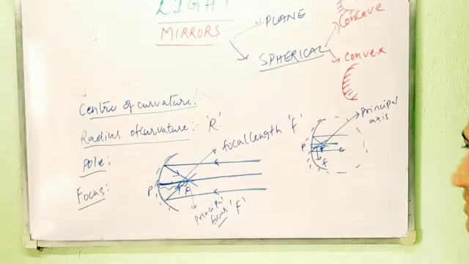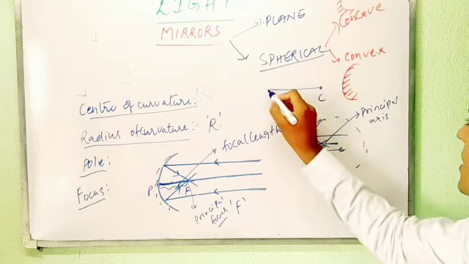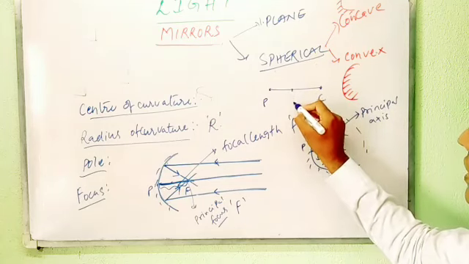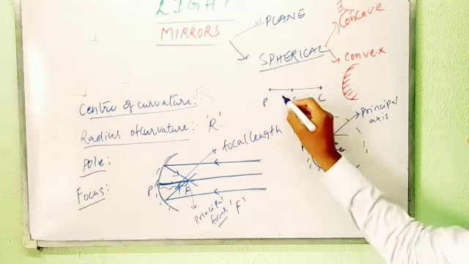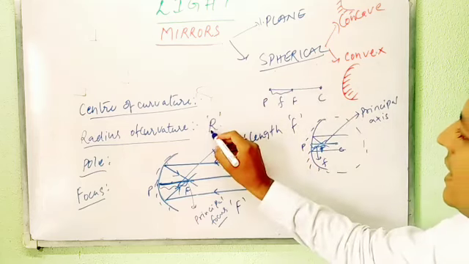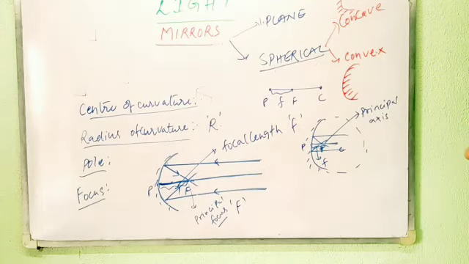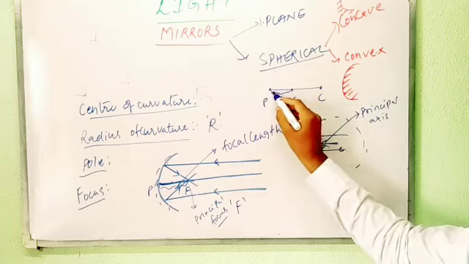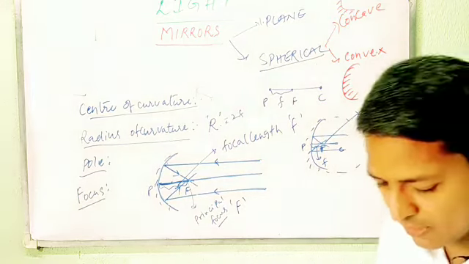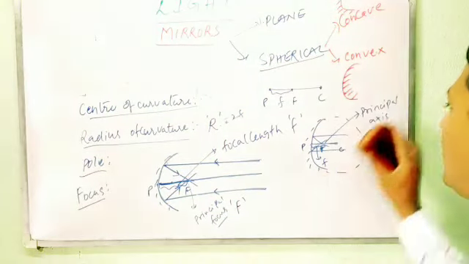We have discussed this already. You have focus somewhere here, and this distance is called the focal length. Radius of curvature and focal length have a relation: R is equal to 2f. So the radius of curvature is twice the focal length.